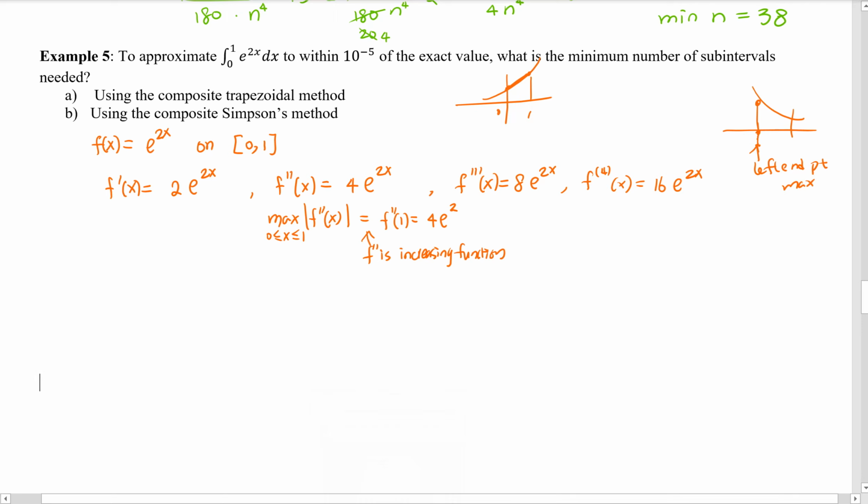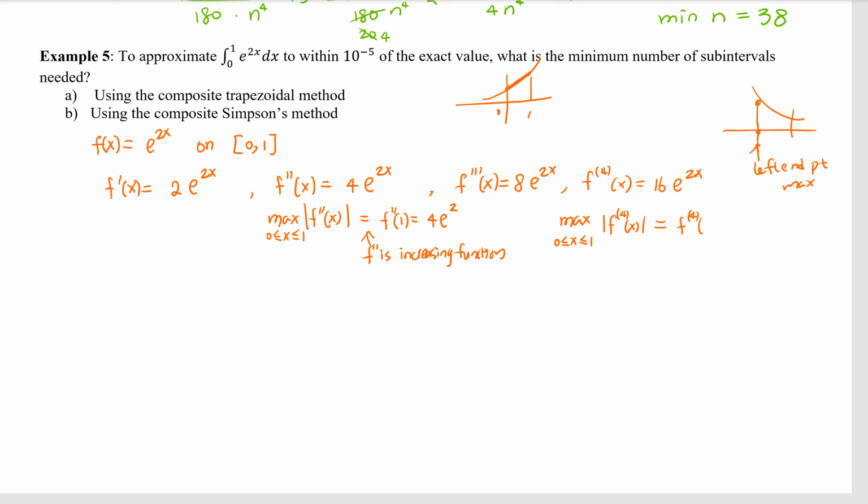Okay, let's continue. We also need the maximum bound for the fourth derivative. In this case, plugging in 1, we have 16e squared. So far, so good, everybody?